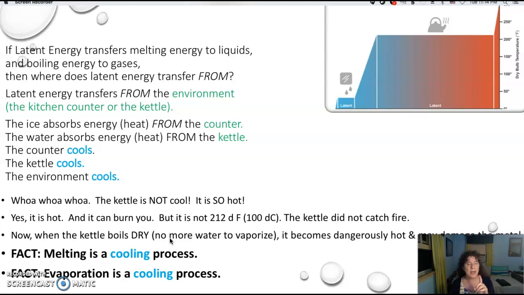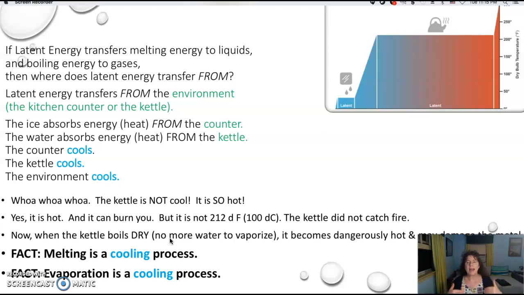On the other hand, when all of the water is boiled out of the kettle, that's when you've got a problem. That's when the temperature of the kettle material will really increase dangerously. And it can even damage the metal, and the metal could fail because the kettle is no longer being cooled by this transfer of energy.